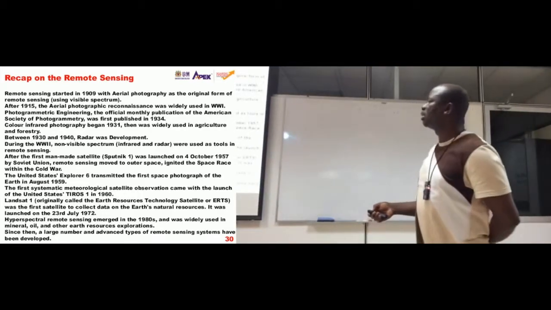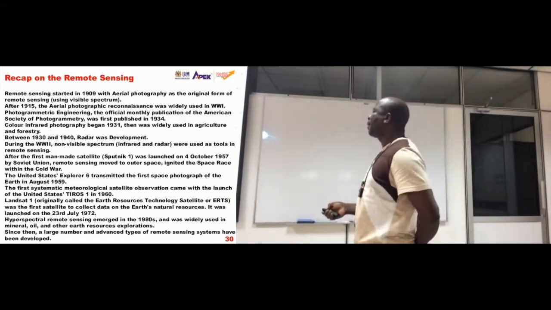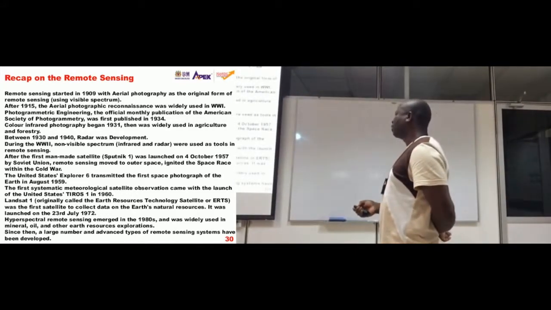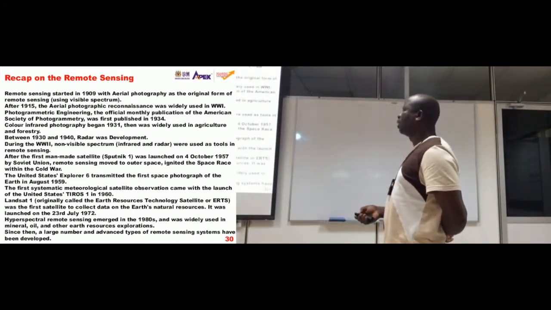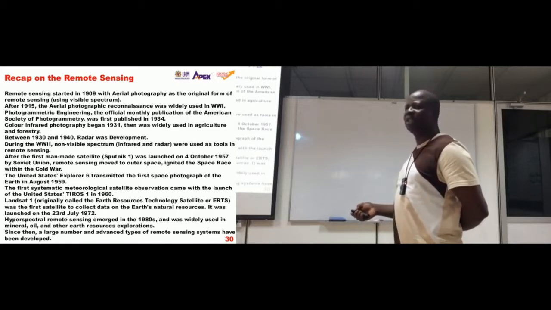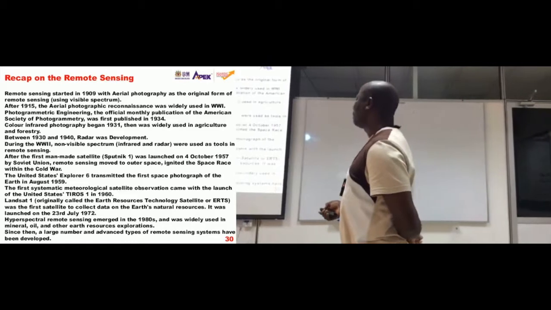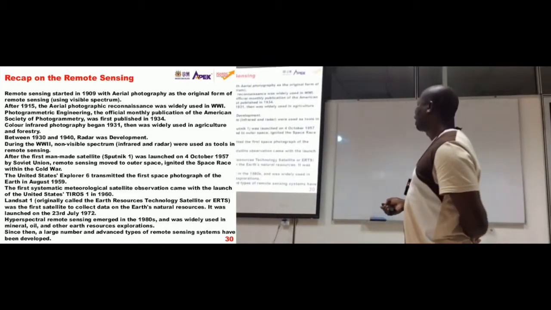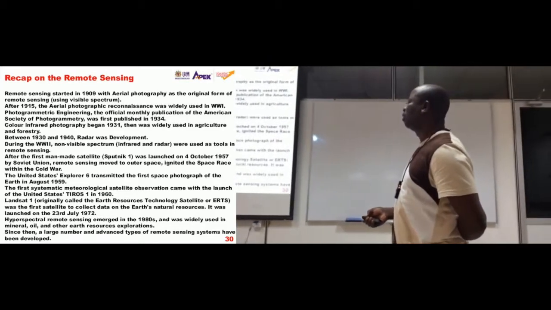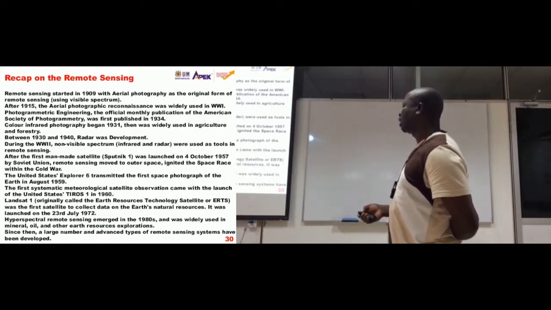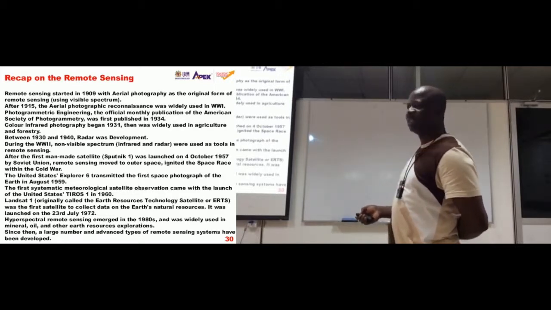The United States Explorer 6 transmitted the first space photograph of the Earth in August 1959. Then the first meteorological satellite observation system came with the launch of the US TIROS 1 in 1960.